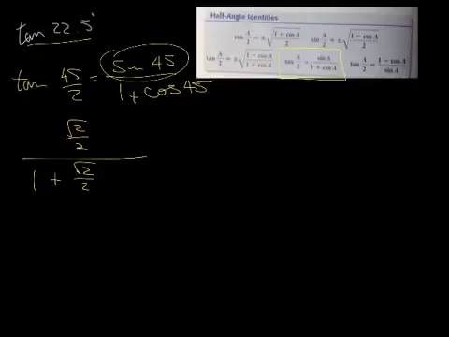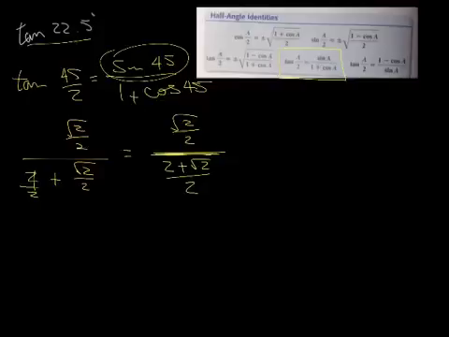And then that will, some of that go away, equal, oh goodness, what am I going to do with this? We're going to make this into 2 over 2. So I've got square root of 2 over 2 all over 2 plus the square root of 2 over 2. And the reason I did that, I needed one fraction. Over here I had a fraction and another number.